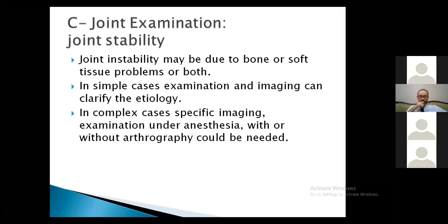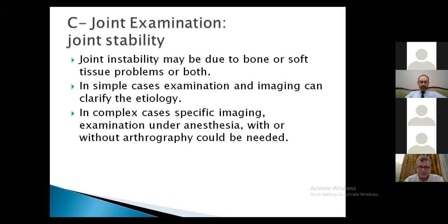Joint stability is much more important. Joint instability may be due to bone, soft tissue problems, or both. In simple cases, examination and imaging can clarify the etiology. In complex cases, specific imaging or examination under anesthesia, with or without arthrography, could be needed.